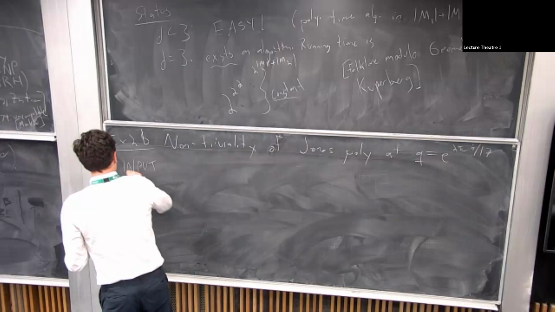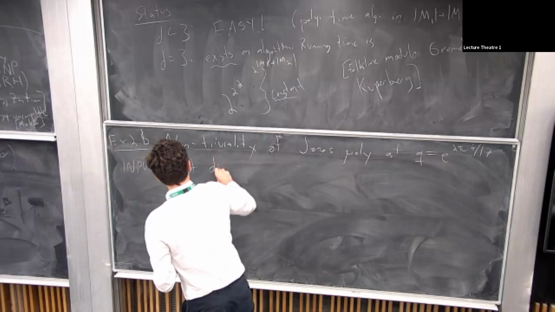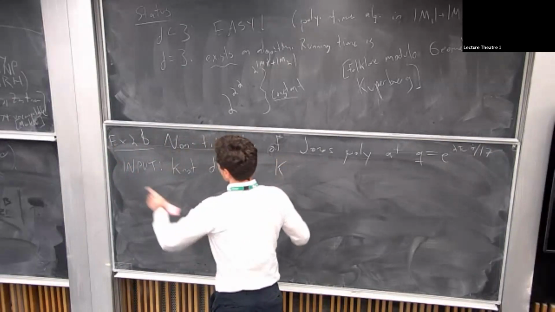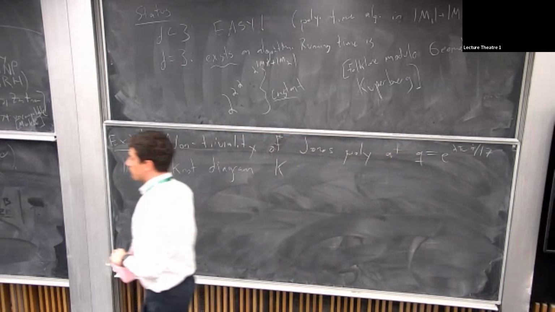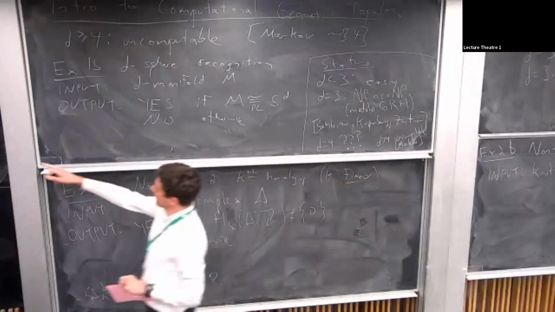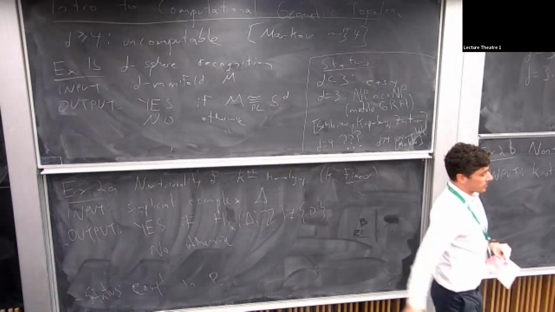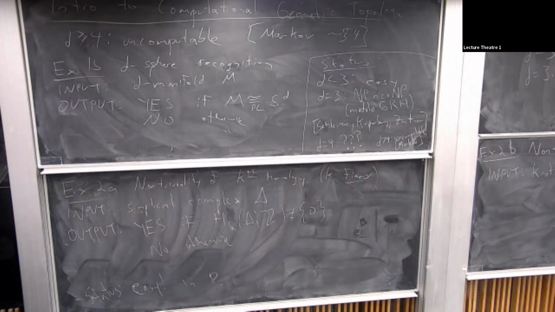The input here is a knot diagram, which isn't some triangulated simplicial complex, but some type of planar graph with decorations at the crossings. So that's a finite data type. The size of a diagram is the number of crossings in it.